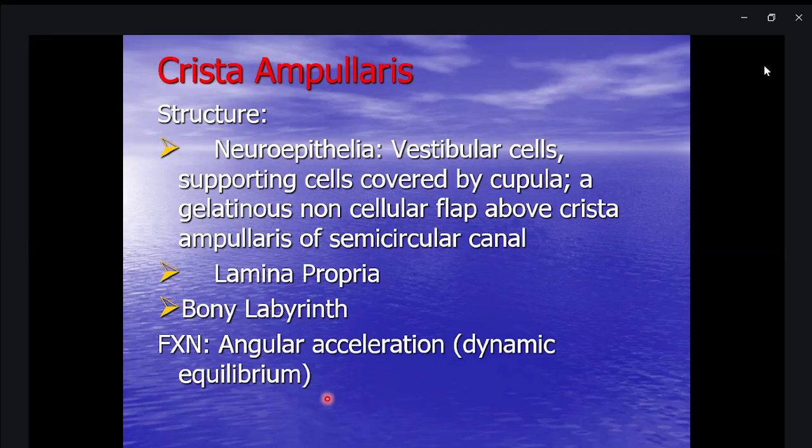Then you fall, because the fluid is moving. The brain was already detecting that you are turning, and when you stop, the fluid does not stop immediately. It still turns, displaces the cupola, displaces the hair cells, kinocilia, and therefore you fall and get disoriented.